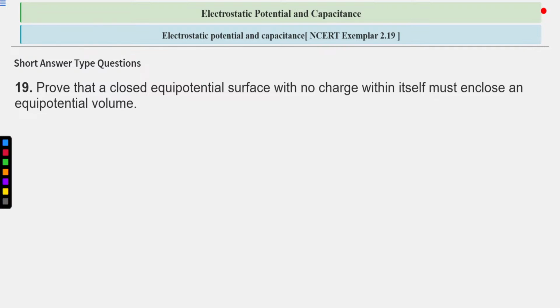It means that any closed equipotential surface with no charge within itself must enclose an equipotential volume, meaning the bulk inside the equipotential surface should not have any charge within. So we have to prove this. I will give you some time.